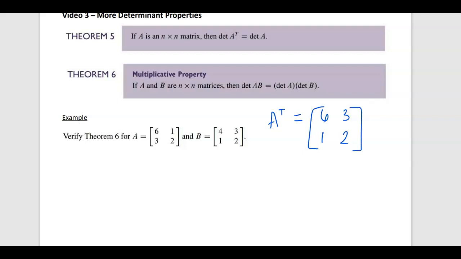So notice when we do that, especially in a 2 by 2, your determinant, 12 minus 3, is the same thing as it is here, 12 minus 3. Switching those things, your multiplication pieces are all going to end up being the same.